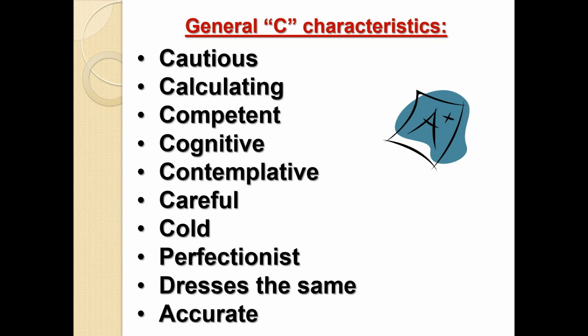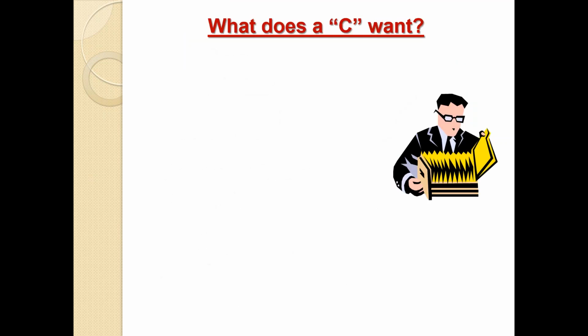So now that you know what the characteristics of a C are, what do you think they want? C's think, oh my gosh, why can't they get this right? How many times do they have to be taught this?